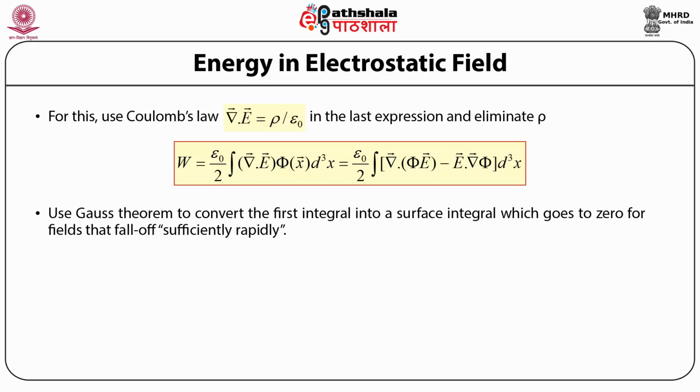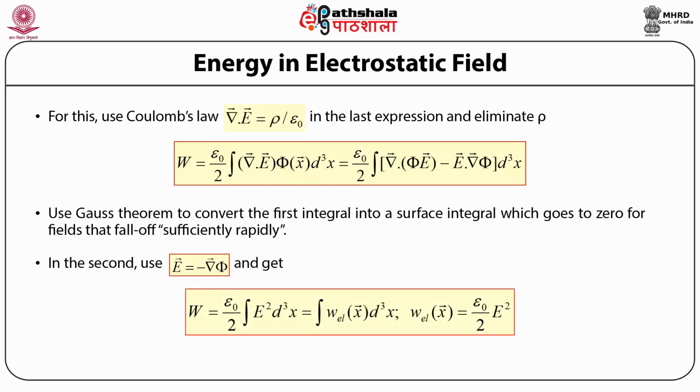So basically what we are left with is only the second term in the integral, and then we can use the definition of the electric field in terms of the electric potential as defined in electrostatics, which is the electric field is negative of the gradient of the electric potential, and then we get the expression for the energy in the electrostatic field as W is equal to epsilon naught by 2 volume integral over the volume element d cube x running over E square, where E is the electric field.